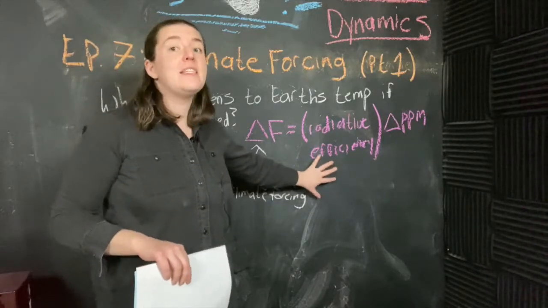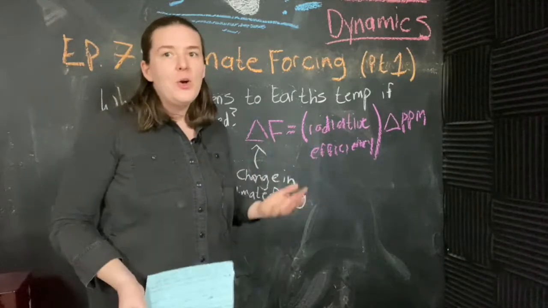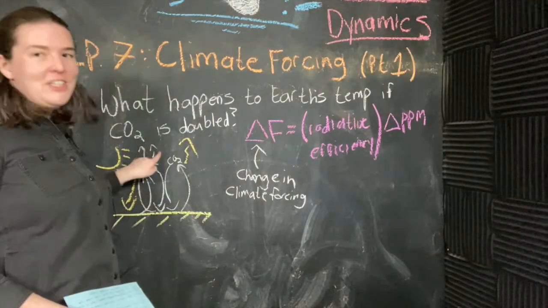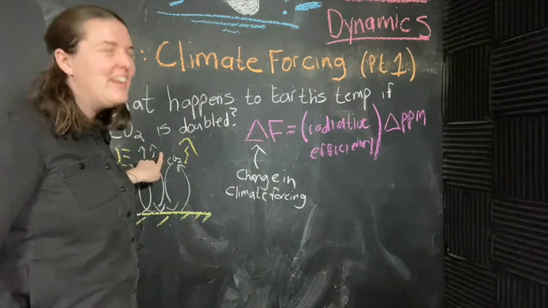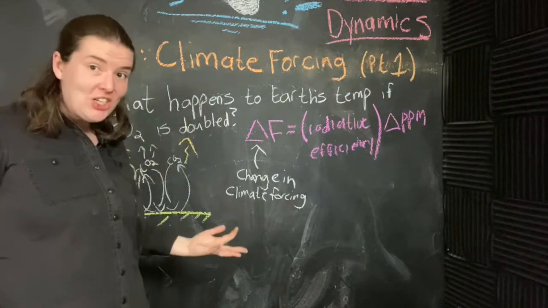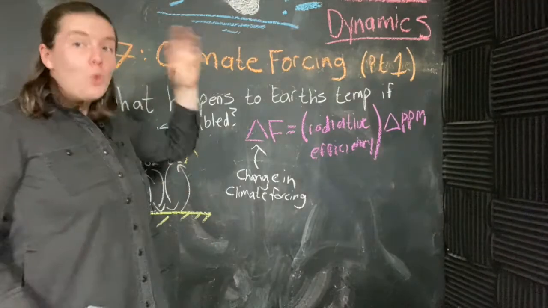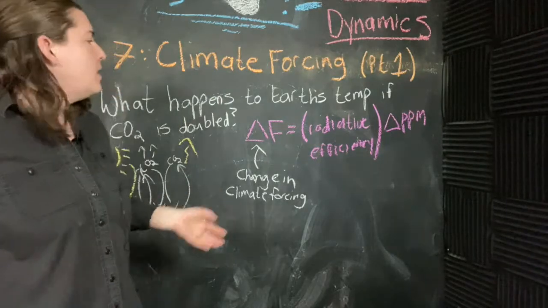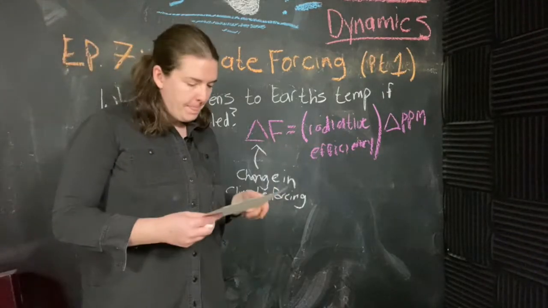Radiative efficiency: if a bunch of energy goes up to my carbon dioxide molecule, how efficient is it at absorbing that energy and re-emitting it back downwards?